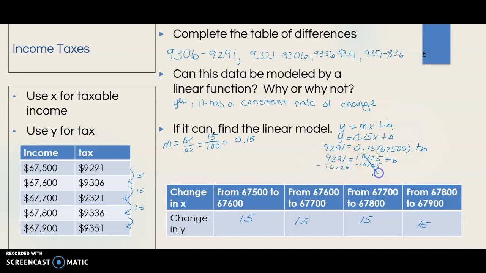These guys cancel out, and so that gives me b equals, and over here I have, again using a calculator, this 9,000 number minus this 10,000 number, a negative 834. So now I have all the information that I need for a linear model. So my linear model, y equals, instead of m, I put in the slope of 0.15, x, and instead of the b, I put in this value that we calculated, so minus 834.